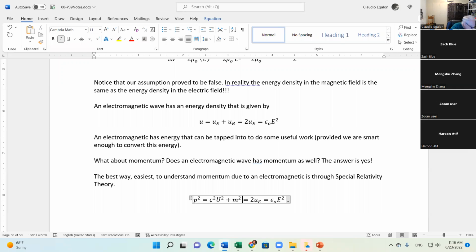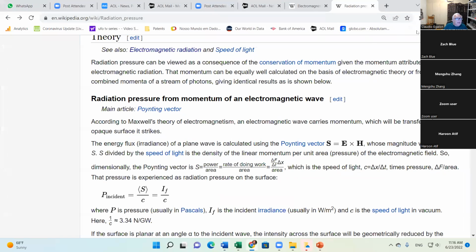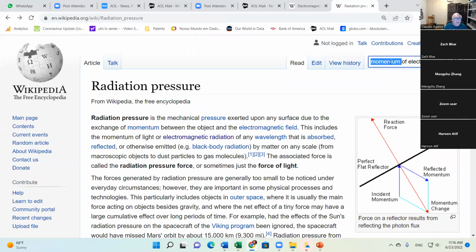Let me see if I get it right. That's cU. U is the energy of the wave, and then we have the mass of the particle. Let me see if I can find that. Relativity.